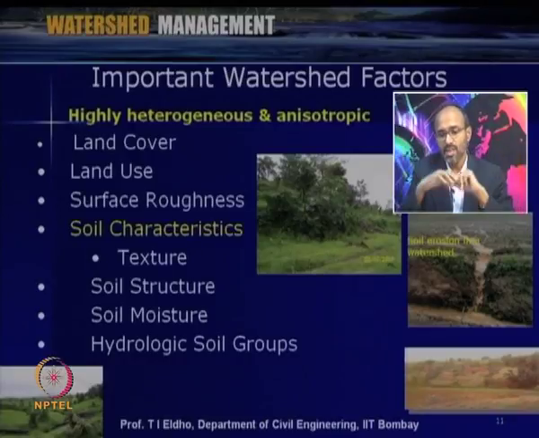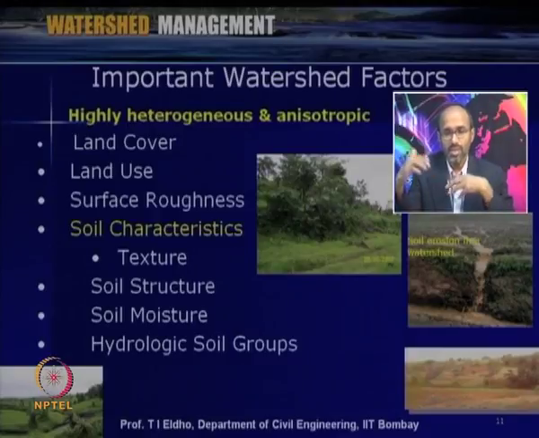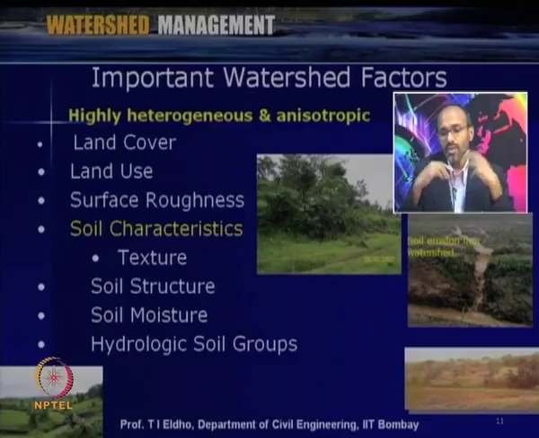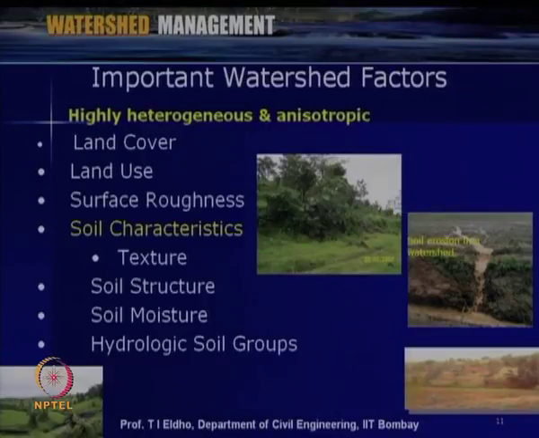That kind of classification we call hydrological soil groups. This aspect we will be discussing in some later lectures. According to hydrological soil groups, we can identify various parameters like the initial soil moisture or the hydraulic conductivity of the soil. So, there are a number of soil characteristics we have to deal with as far as the watershed is concerned.